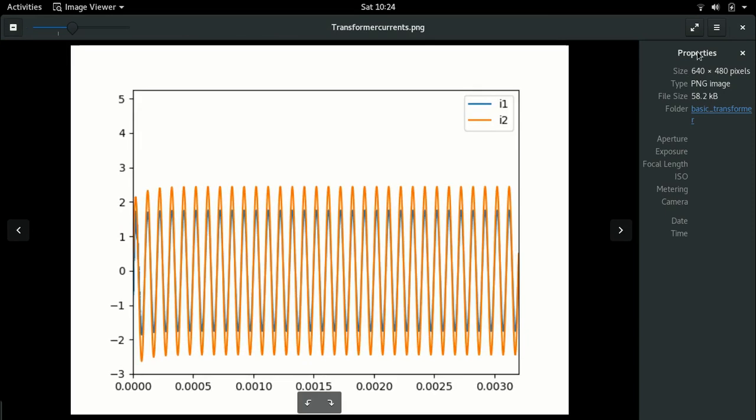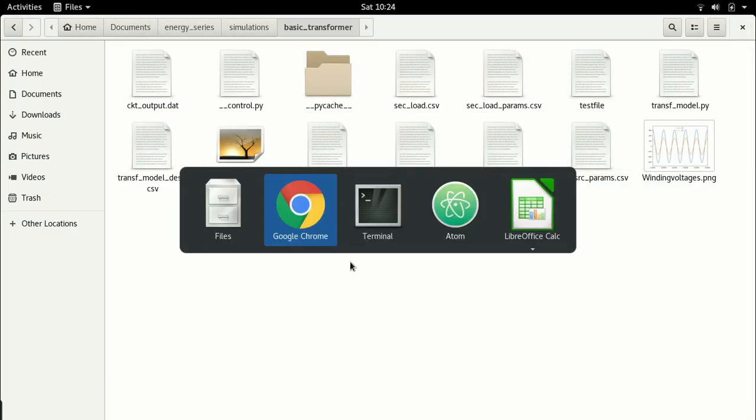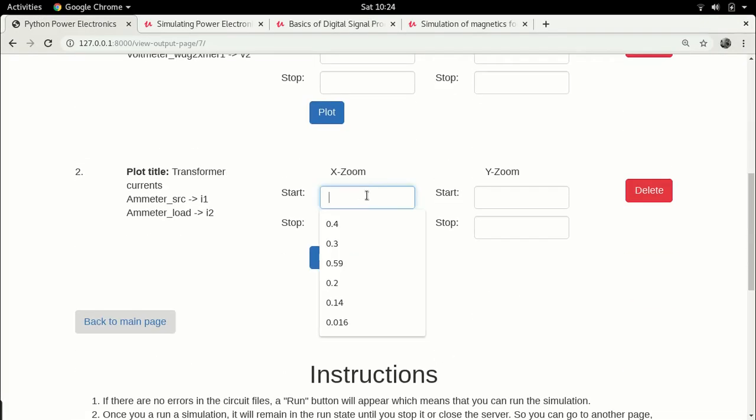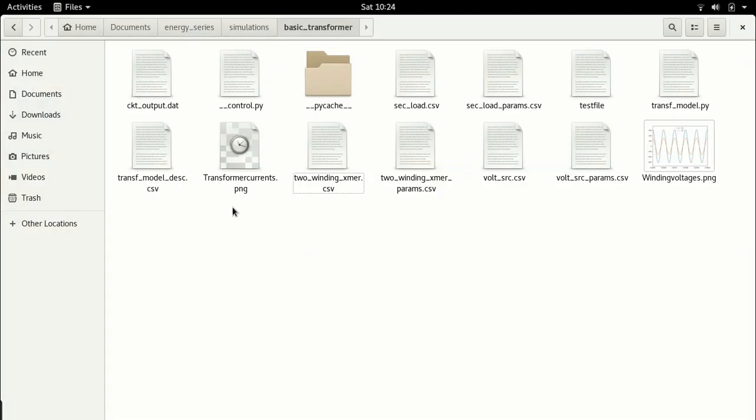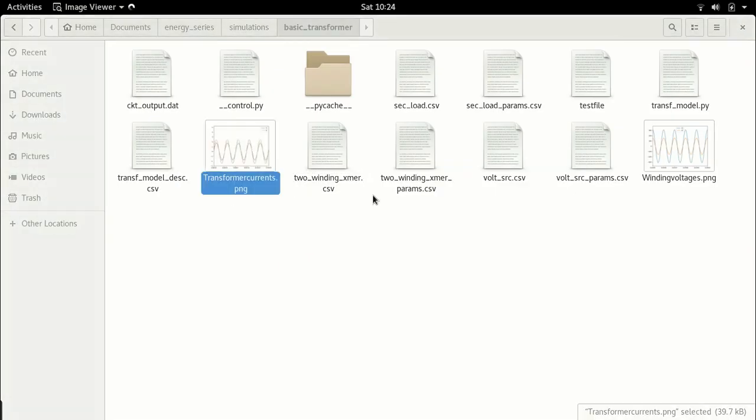So these bugs do appear. Actually, I forgot to put the zoom. And yeah, now we have a zoomed in current.